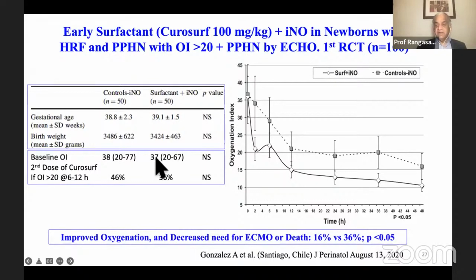When they gave surfactant and then nitric oxide, they improved the oxygenation, OI, and decreased the need for ECMO or death. With surfactant plus nitric oxide, ECMO or death was 16% compared to 36%. They also showed a non-significant trend towards less need for a second dose because the OI had come down below 20 after 6 to 12 hours after the first dose.